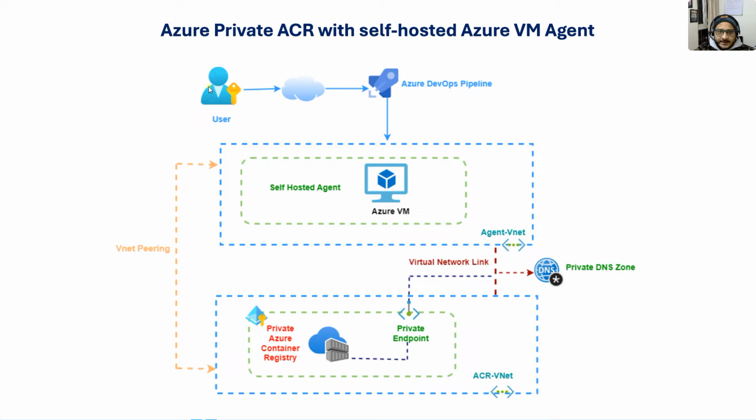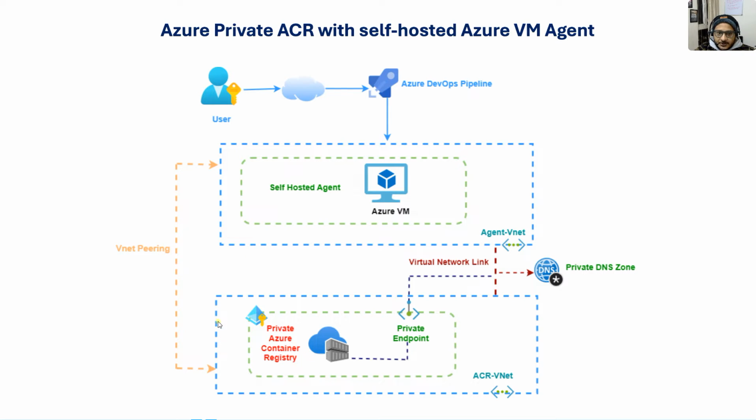So let's understand this particular architecture. If you see these blue dotted lines, this is the virtual network which I'm going to use for my self-hosted agent, which I'm going to create on this virtual network. I have named it agent-vnet. All the build agents will be deployed on this virtual network.